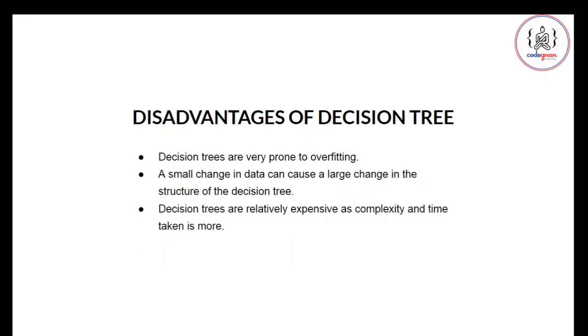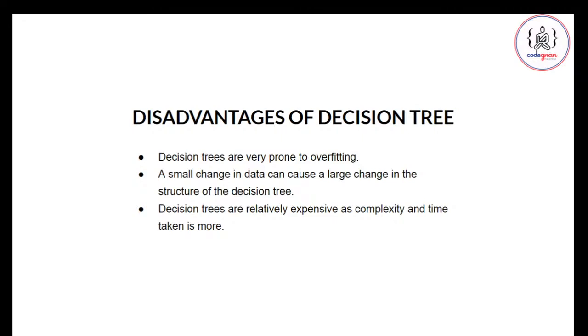All right. Now let's look at some of the disadvantages of decision trees. Decision trees are very prone to overfitting, because if you let them grow to their full length, then they will try to classify each data point. A small change in data can cause a large change in the structure of your decision tree.